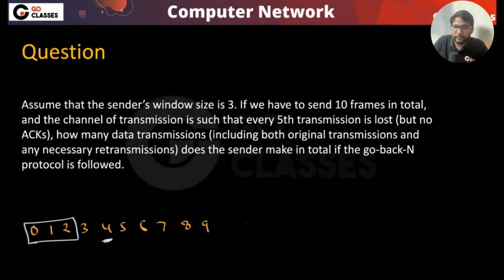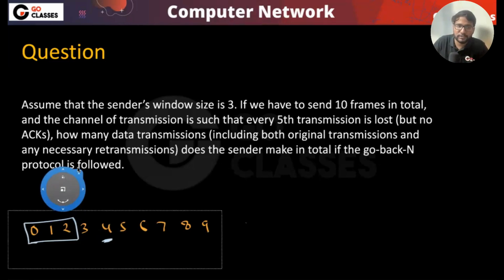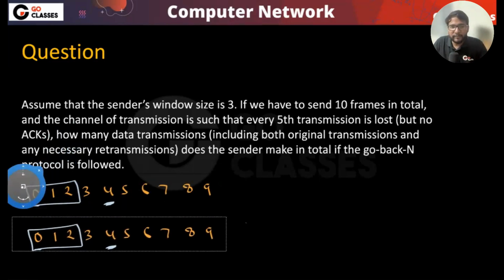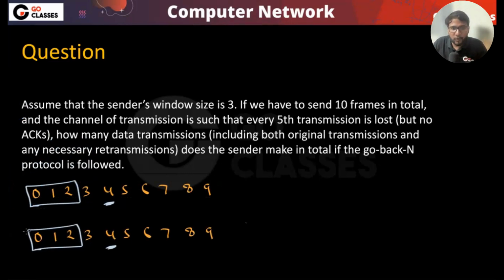See, initially 0, 1, 2 have been sent. But after some time you will be sliding it, and probably you will say that 2 is the base, or maybe 1 is the base. Then 1, 2, 3. Then you will get some acknowledgement. Let's suppose you got ACK 3, then 3, 4, 5.